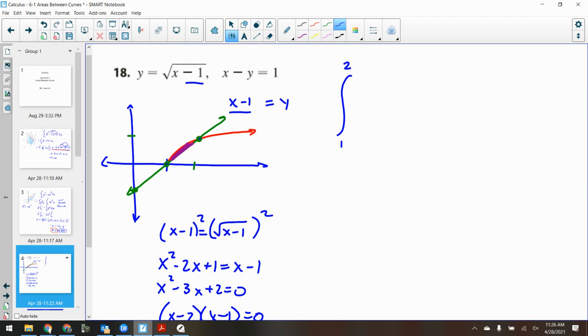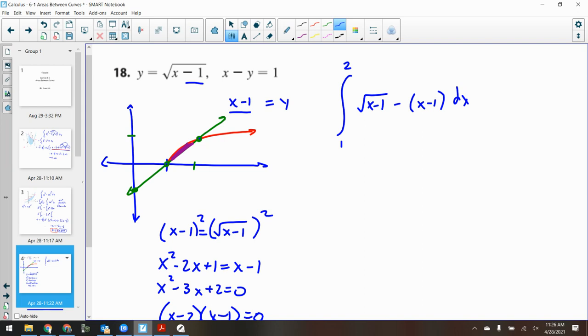So let's find the integral from 1 to 2. Top looks like it's my square root function, the square root of x minus 1. The bottom is the x minus 1. Okay, so there we go. Now the rest is just algebra. Am I going to have to do some U substitution here? Yep, looks like it.